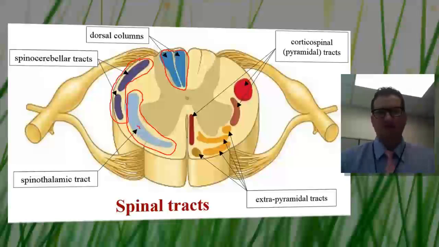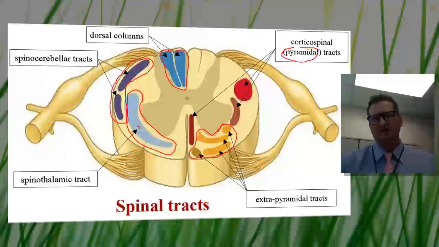Descending tracts over on the left side of the spinal cord conduct motor impulses down to the skeletal muscles. These include the corticospinal tracts and the extrapyramidal tracts. Sometimes the corticospinal tracts are called the pyramidal tracts, and it's the ones here in red or maroon, and all of the others in the yellow, orange, or tan color are called the extrapyramidal.